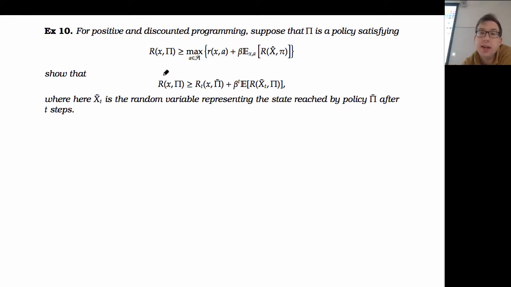So here it says if you satisfy the Bellman equation, then your policy has a better reward than any other policy pi tilde over t steps, plus some additional factor. So let's work towards that.